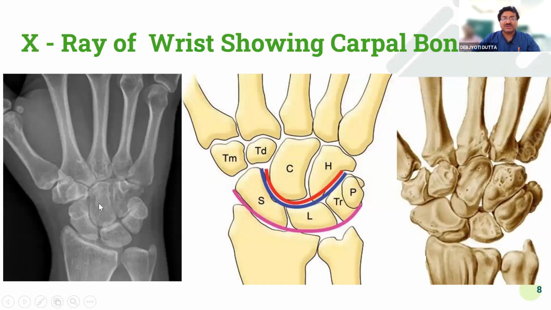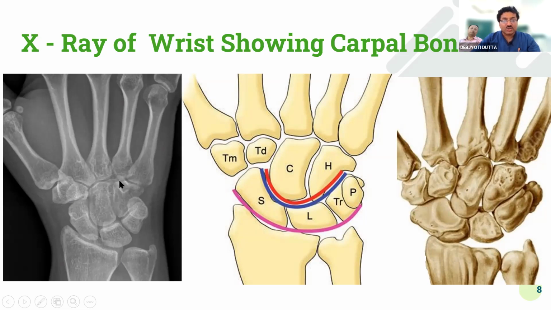So this is how it looks, because here in the drawing all the things are made much clearer, but the bones are not that clear. They overlap, some overlapping of one over the other, like the trapezium and trapezoid. You can see the overlapping here. Similarly, you can see the capitate here, you can see the hamate here.